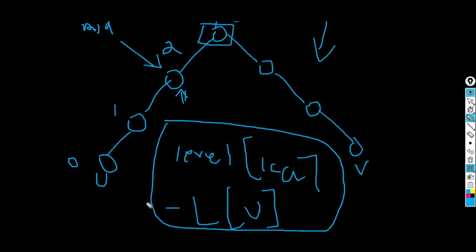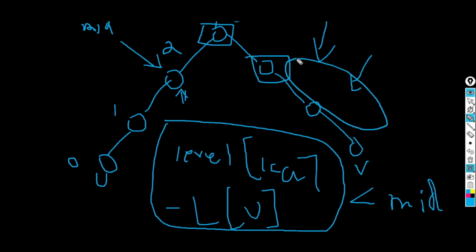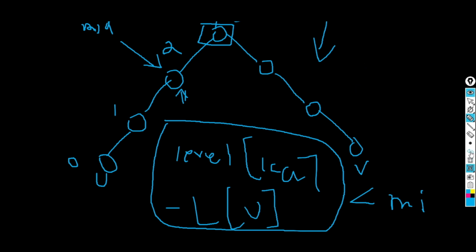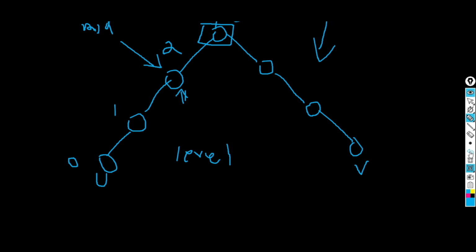If this value is smaller than mid, in that case the mid lies towards the right hand side of the LCA, and this means that the mid lies here. I'm interested in this jump now because v is going to jump in order to know what node mid is, and this value can be calculated using, let me clear this up a little.